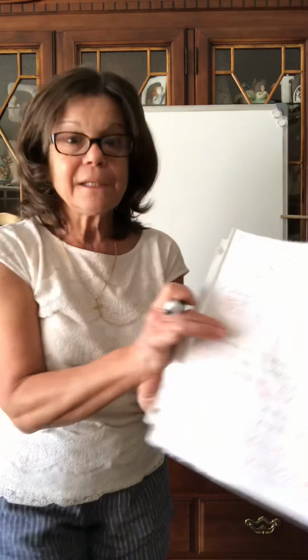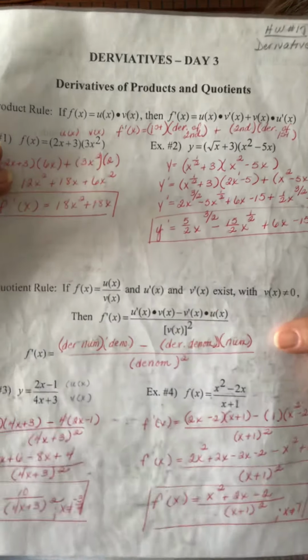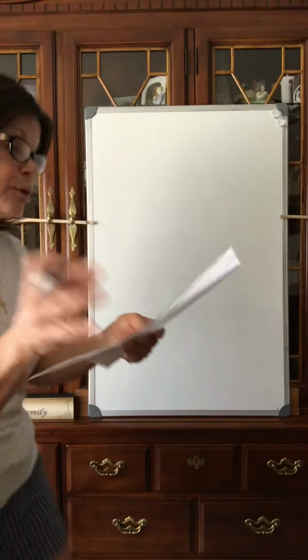Okay, and again, if you follow my notes, I have that written out here in words. I've got it in symbols and in words. I think it's easier to understand in words. All right, let's go through these two examples.